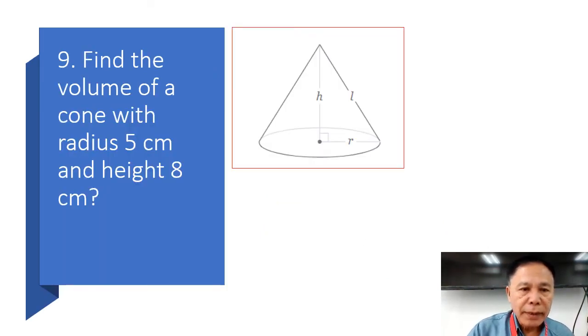So find the volume of a cone with radius 5 centimeters and height 8 centimeters. So your solution will be this one.